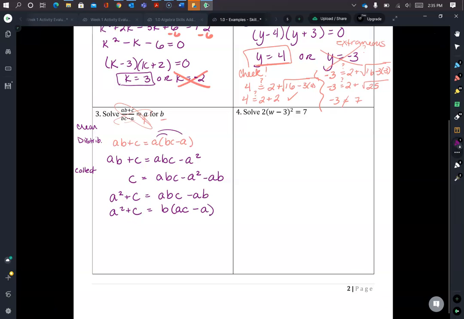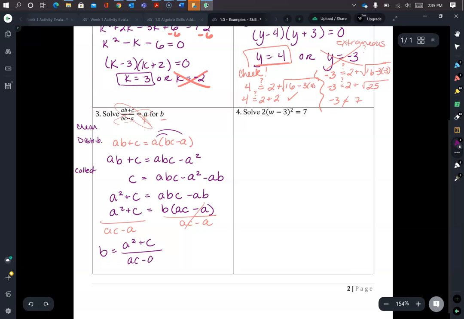At this point, I can now divide both sides by (ac - a) to get that b by itself. And then I can just put my b over to the left. b equals (a squared + c), all divided by (ac - a).